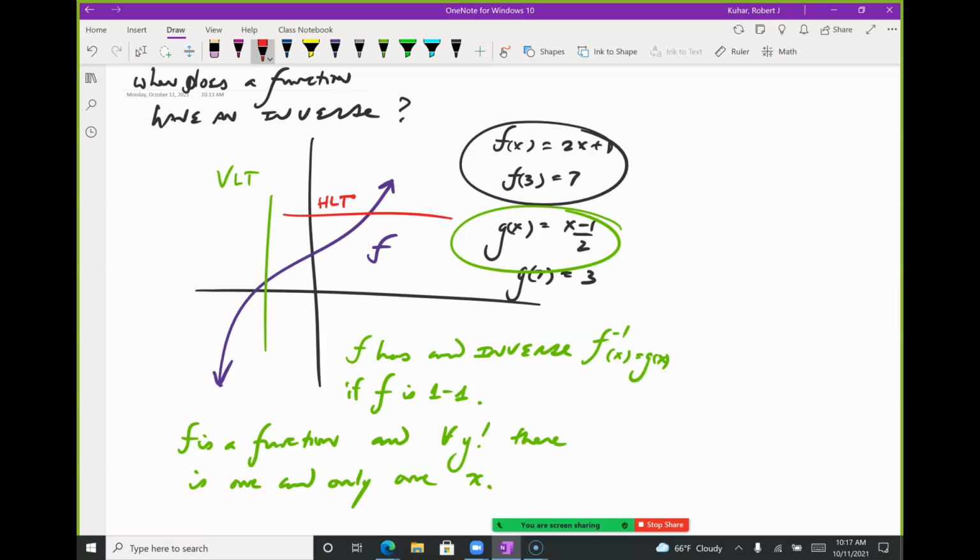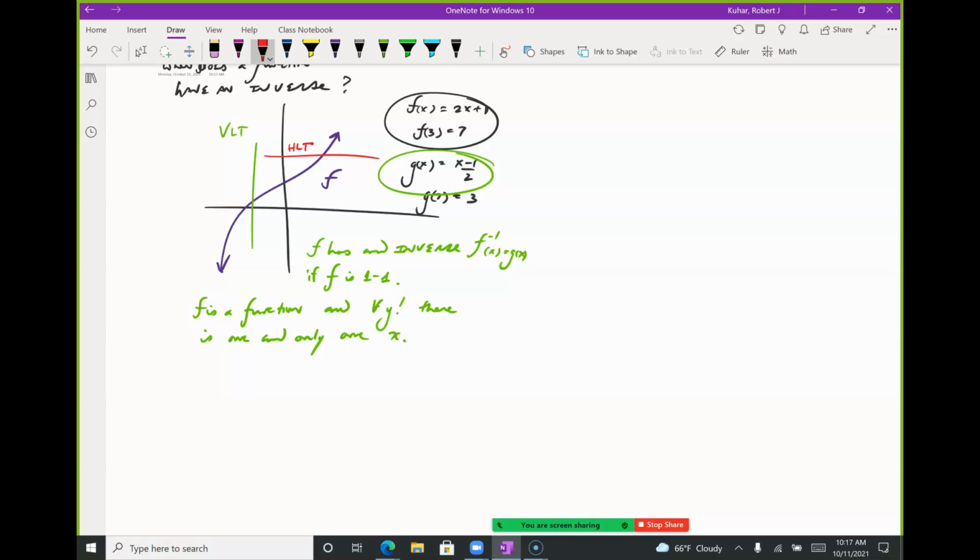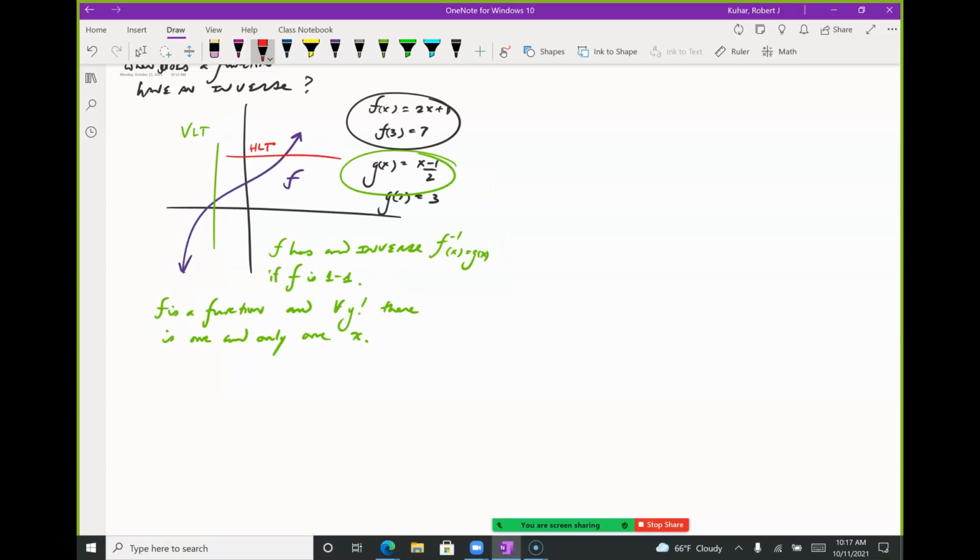So if I pick one y value, there should only be one x for it. If I pick any unique y value, there should only be one x. Another way to say it, if f of a equals f of b, so notice there I have two y values or two x values.